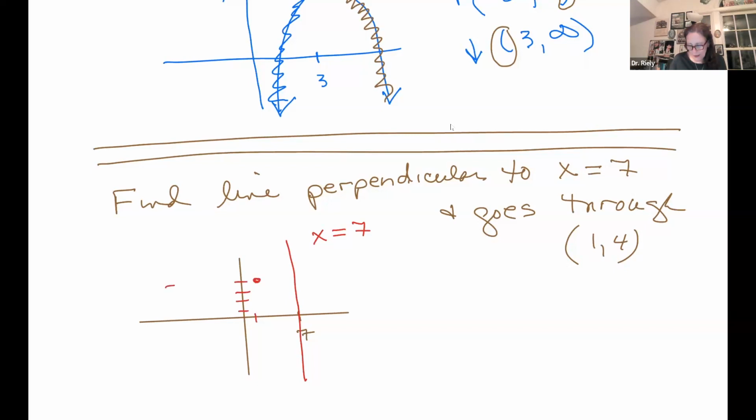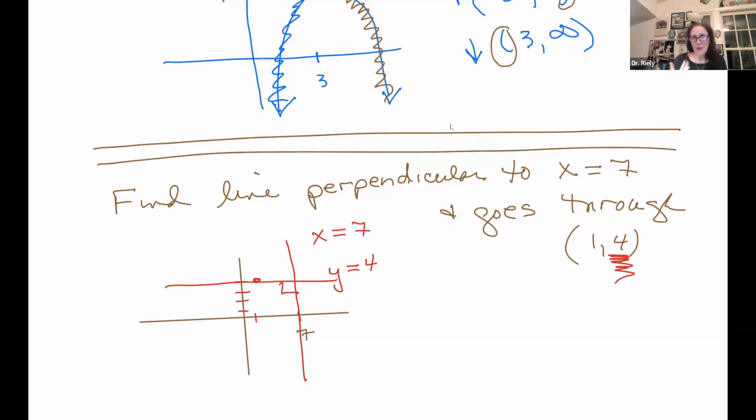So look what it is. Going through that point, perpendicular, forms a right angle. That's a y equals 4. So it goes through that number. If you draw it, I think you're going to see it.